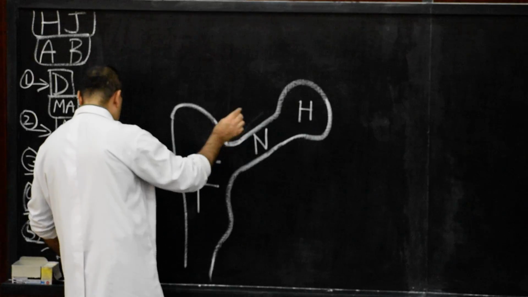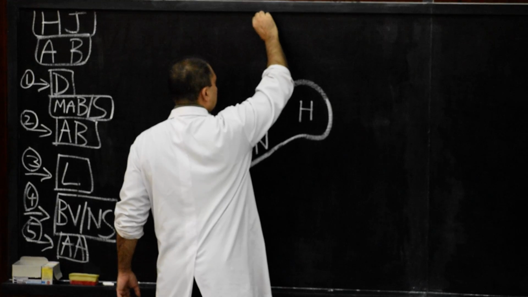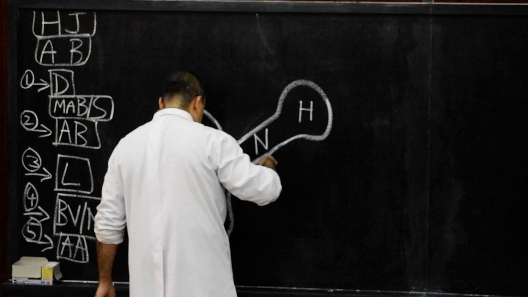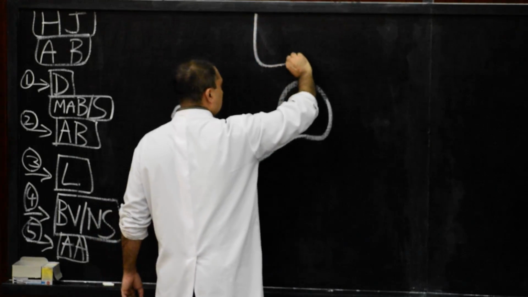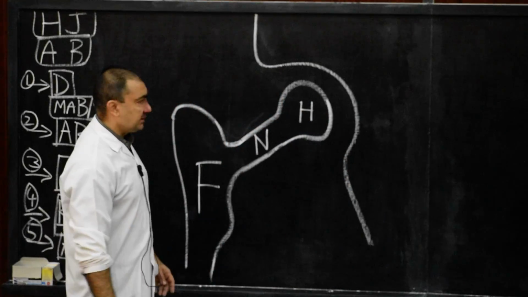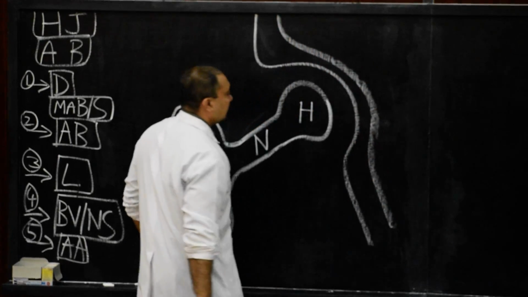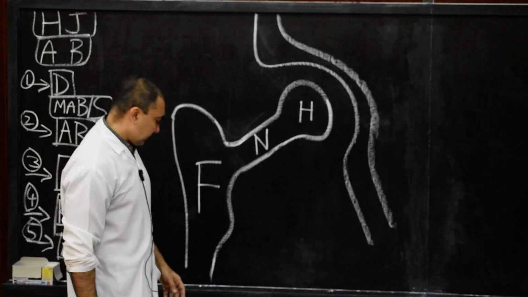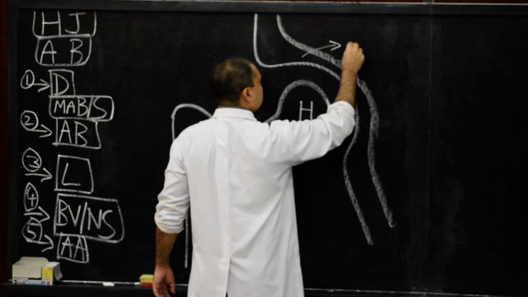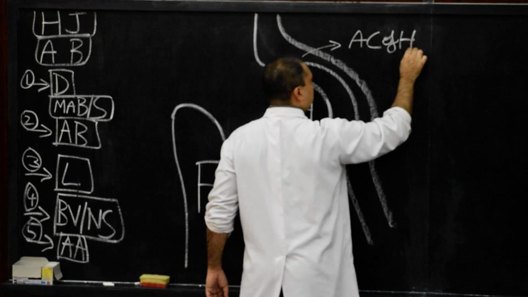Now after drawing this much, remember this is a cross section, so we are going to draw the hip bone, and that hip bone will show the acetabular margin, the acetabular margin of the hip bone. Once again, this is the acetabular cavity of the hip bone which we have drawn, and here we are going to mark down, this will be the acetabular cavity of hip bone.